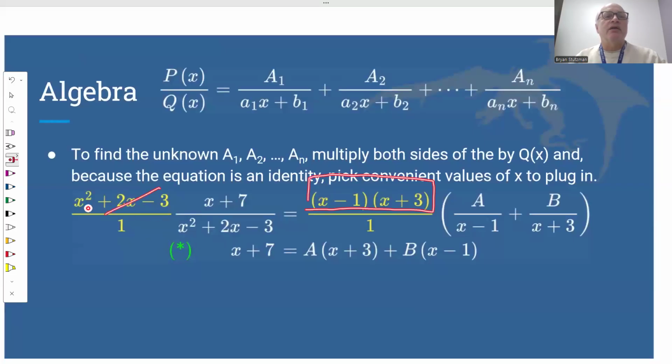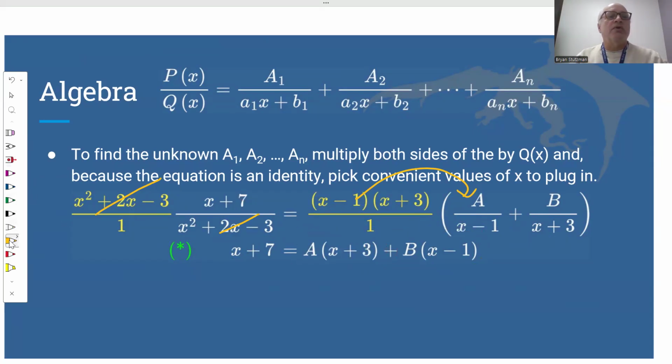Well, on the left side, the x squared plus 2x minus 3 cancels out, and I'm left with just x plus 7. On the right side, if I distribute, multiply that by a over x minus 1, the x minus 1's cancel out, and I'm left with just a times x plus 3. And similarly, the b will be multiplied by x minus 1.